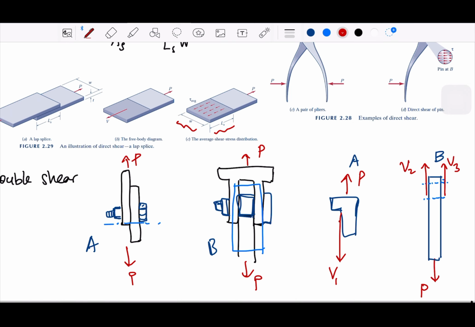And this will determine how the formula will be. So the first one, we developed that V1 equals P, but for the second one, V2 plus V3 equals P. And we can say that V2 equals V3 equals P over 2.